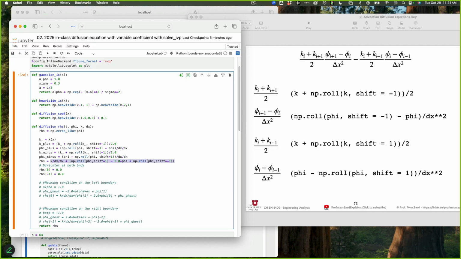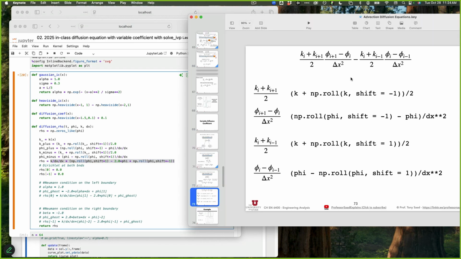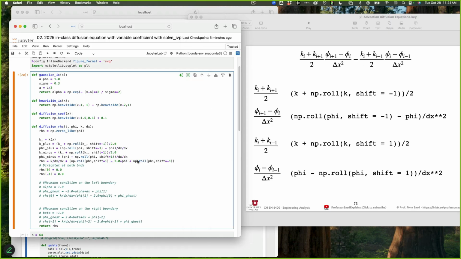And finally, my right hand side, everywhere except the Dirichlet boundaries, is going to be this formula up here: k plus times phi plus minus k minus times phi minus. See, everything has to do with the right hand side of these equations. Once you figure that out, you're good to go.